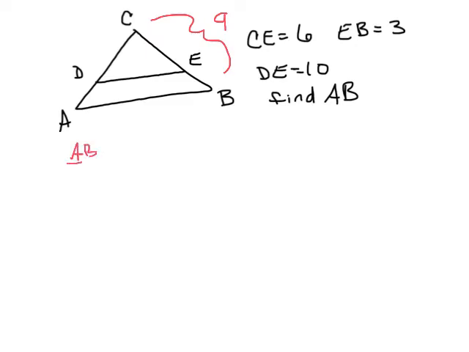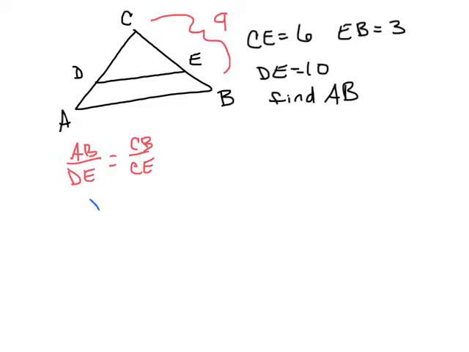AB over DE is going to be CB over CE. I cannot use that bottom segment. I can use the top segment because it's a complete side of the small triangle. So big to little, big to little.